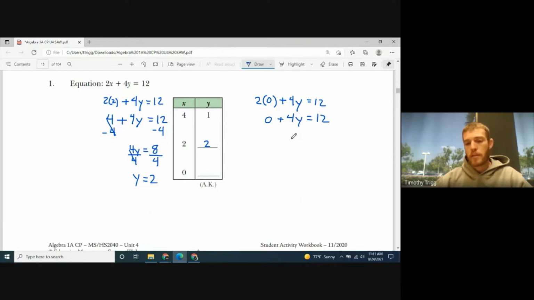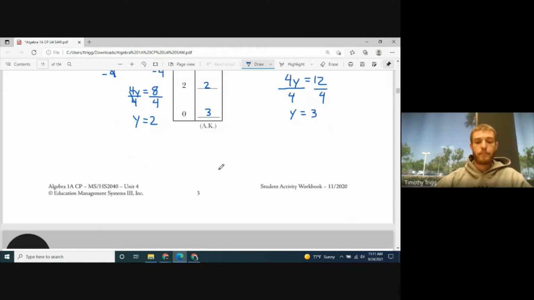Well, 0 plus anything, the 0 doesn't add anything, right? So 4y equals 12. Then to get y by itself, we divide both sides by 4, giving us y equals 3. So when x is 0, the y coordinate is 3. So (0, 3).